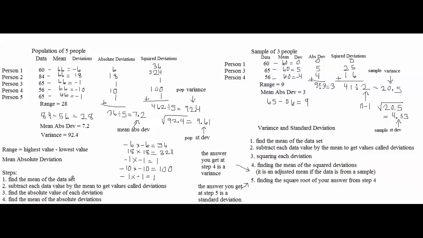I wanted to talk a little bit more about the advantages and disadvantages of these different measures of dispersion. We know that the range has the disadvantage of only measuring the distance between the highest and lowest values. And the variance also has a disadvantage.